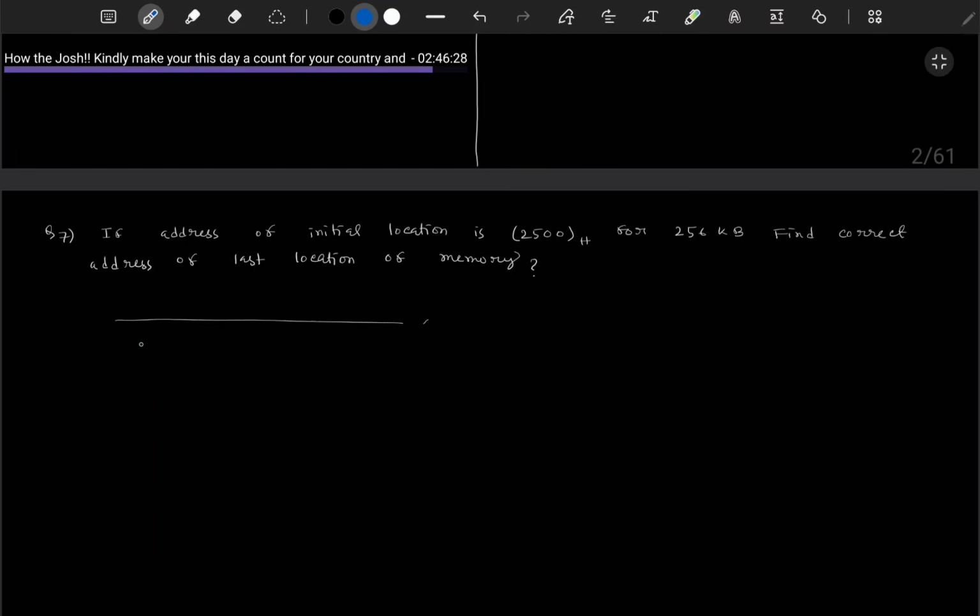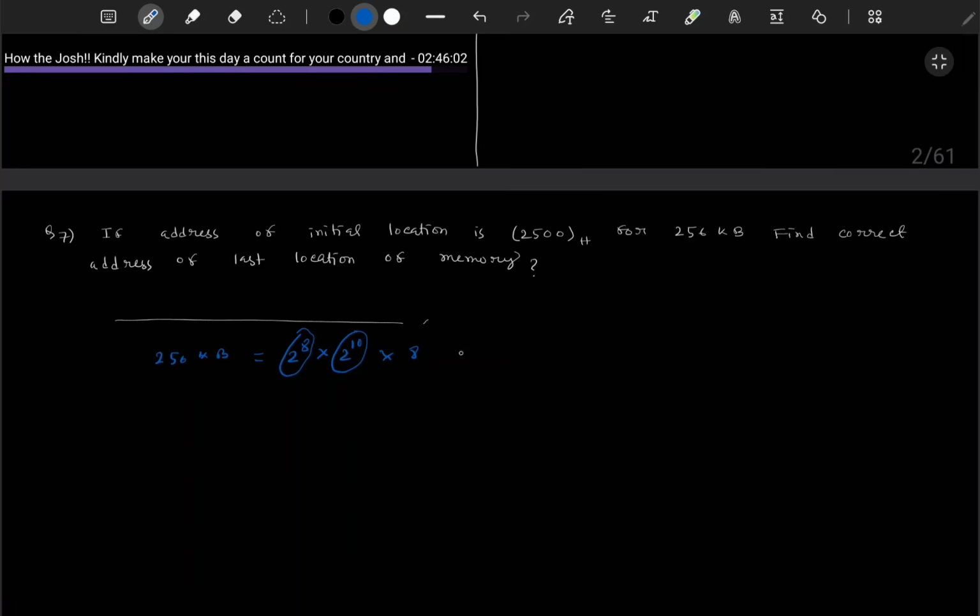Okay, so here the size difference is 256 KB, that means 2 to the power 8 into this is for K, this is for 256, and this is for byte, 1 byte means 8 bit.